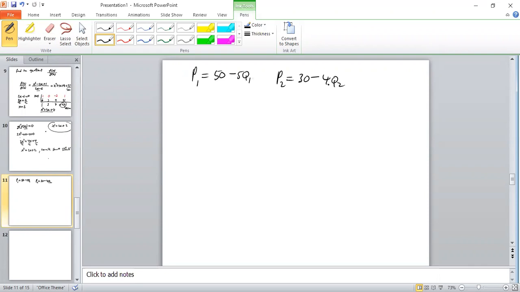Then they are saying the total cost for the factory is as follows. Total cost is equal to 10 plus 10Q, where Q is equal to Q1 plus Q2.